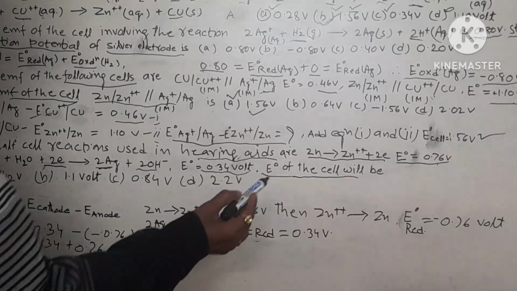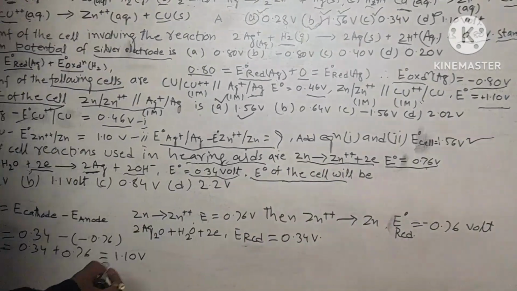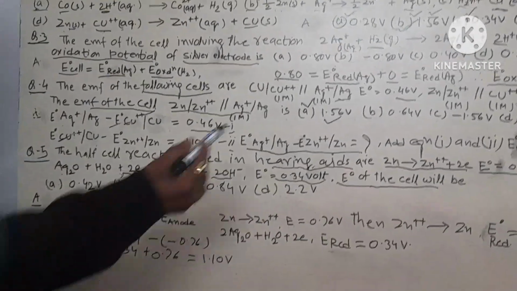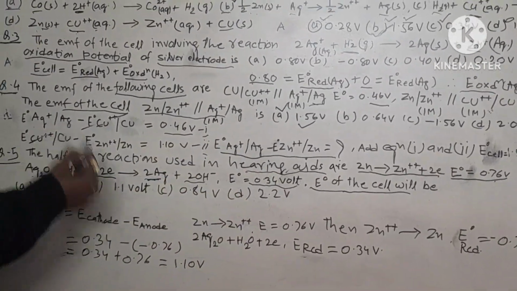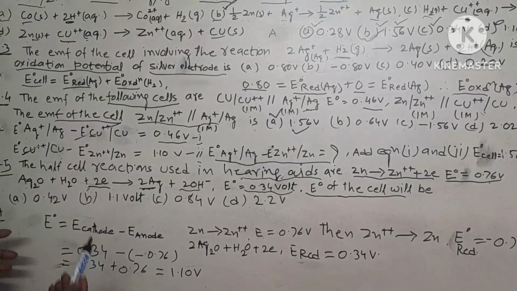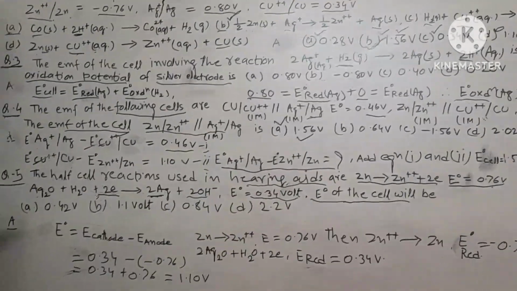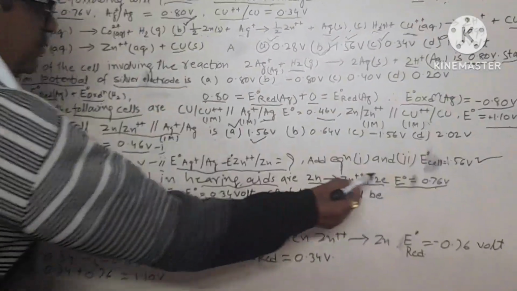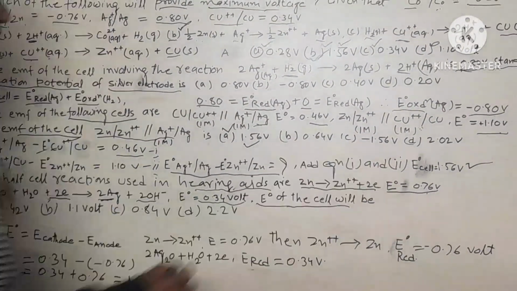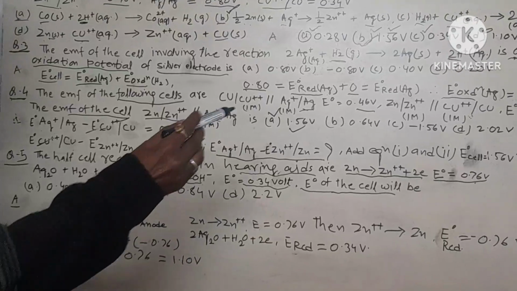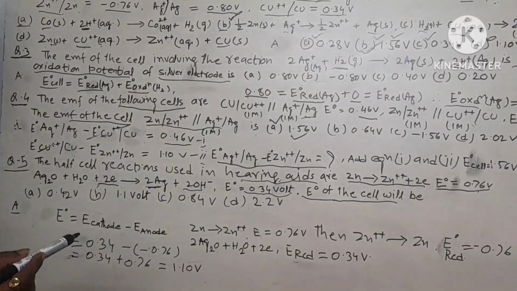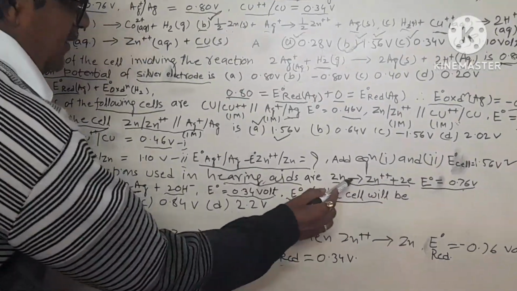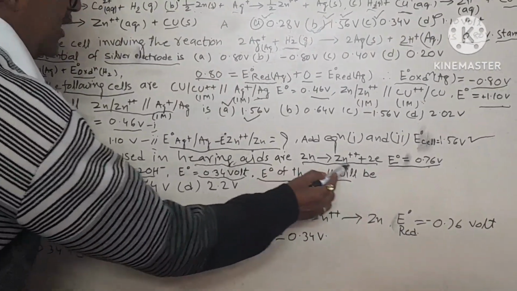Here you have to understand that in the question they have not written whether the given voltage is reduction potential or oxidation potential. This is not mentioned. But you have to understand that the reaction is Zn converted to Zn ion.